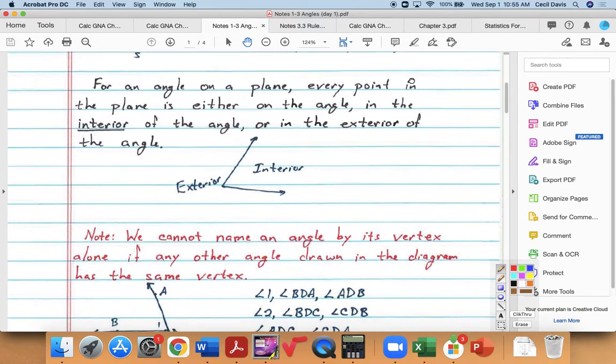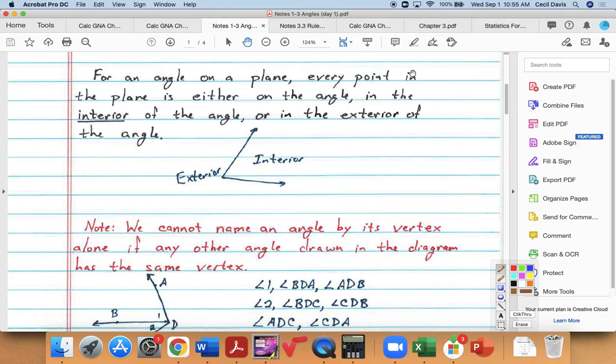So if you draw an angle on a piece of paper, it's on a plane, because a piece of paper is flat just like a plane is. Every point in that plane is either in the exterior, in the interior, or on the angle.